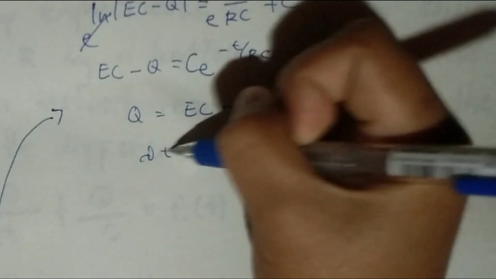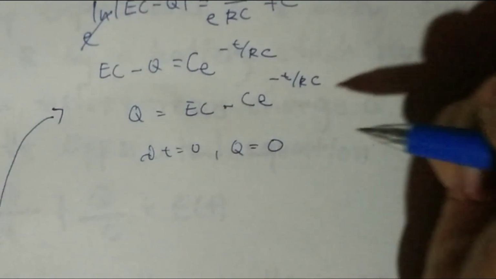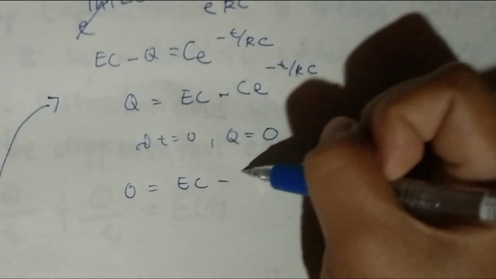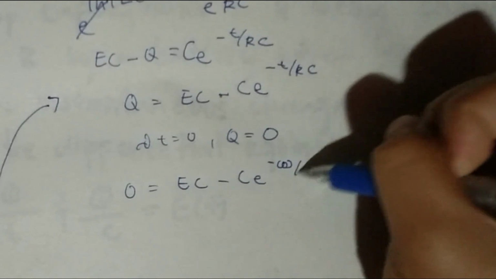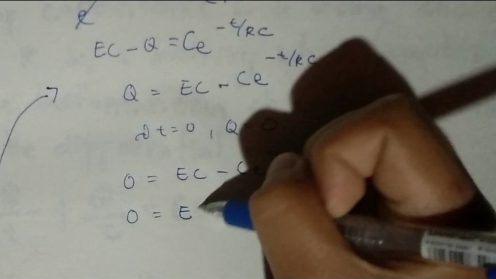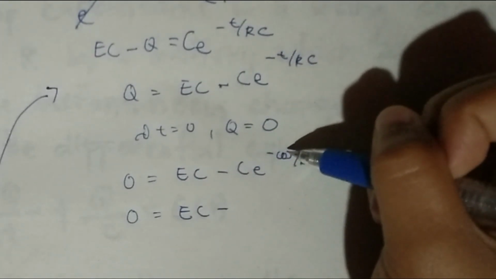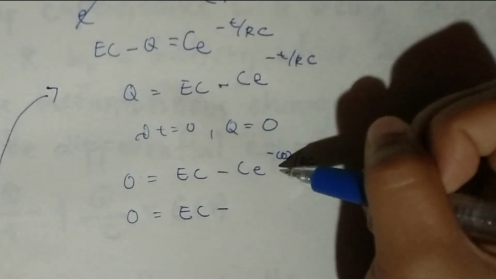Now in our condition, we have that at t is equal to 0, q is equal to 0. So with this, we have 0 is equal to EC minus c e raised to negative 0 over RC. So this would mean that 0 is equal to EC minus c, since e raised to negative 0 over RC is equal to 1.